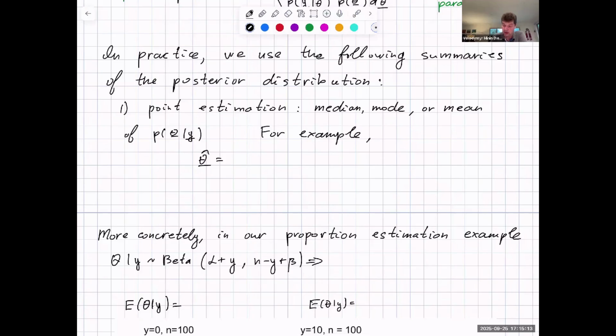For example, you can say my estimate theta hat, as a vector estimate, will be the expectation of theta given y. So this is our posterior mean.